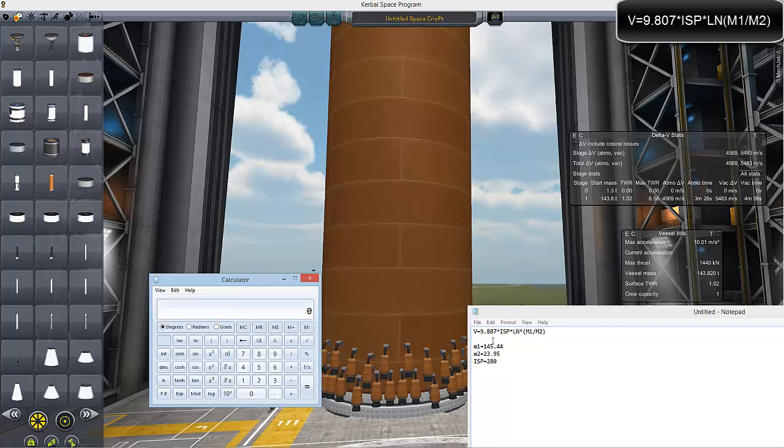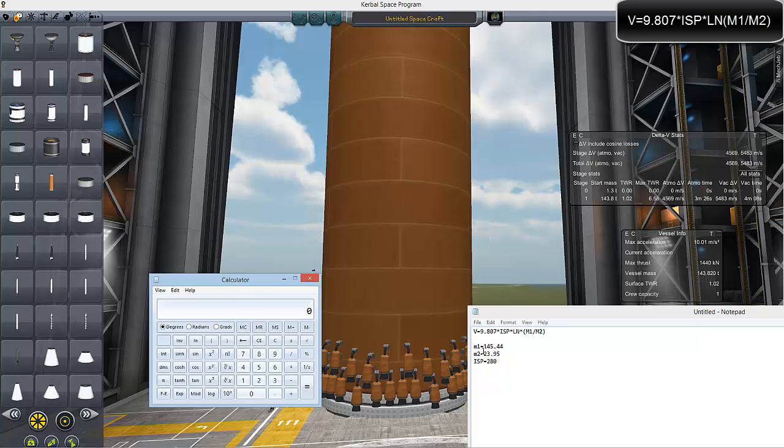But to calculate delta V, you need to do several things. You need to first figure out the total mass of the entire rocket with the fuel, and then, or before, it doesn't matter, you need to figure out the total mass without the fuel.